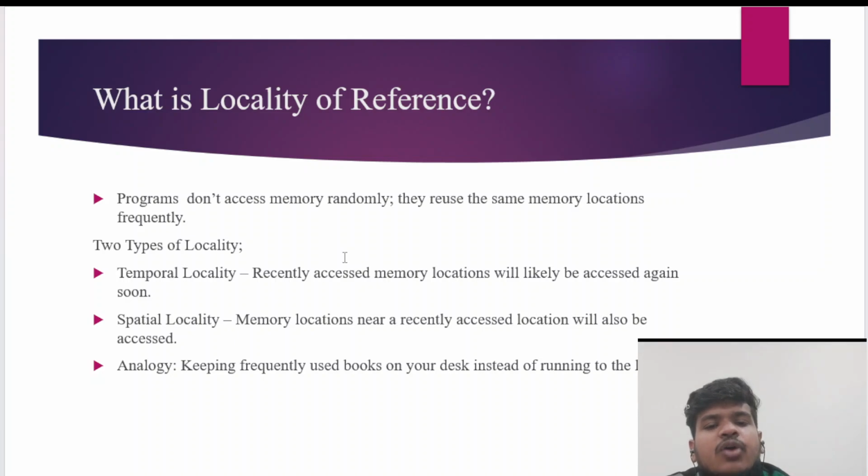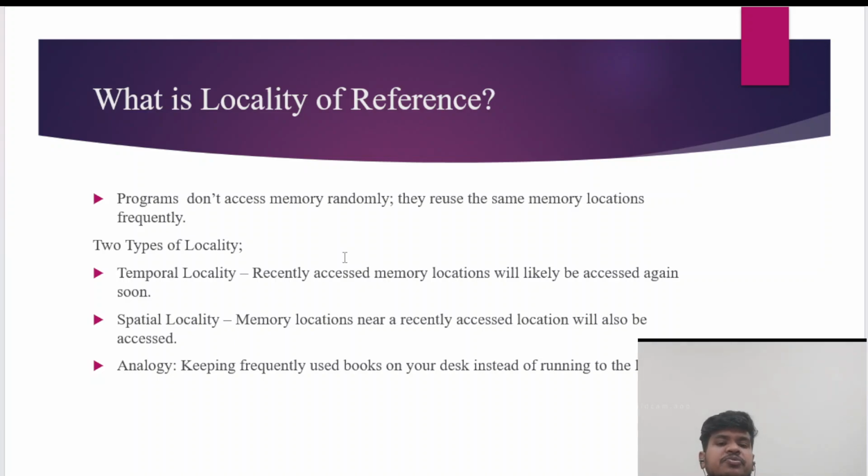So, how does locality of reference help in memory management actually? First one is caching. Caching means that the frequently used data is stored in faster memory or cache for quick access. Whenever you open a browser or a site, a notification pops up to accept the cache. Yes, that is caching. Then we have efficient paging methods.